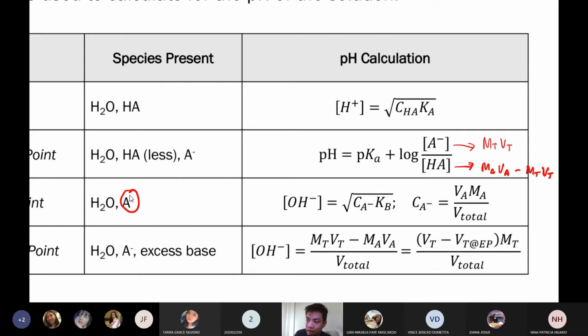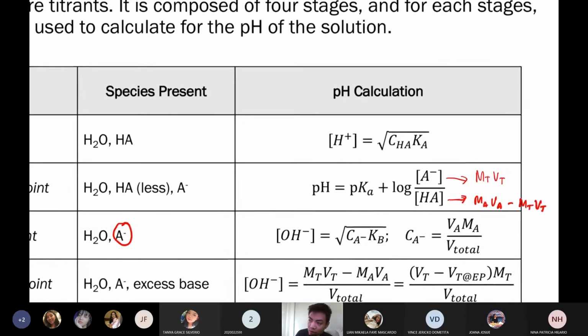So, ano ba yung equation na nangyayari pag nandito na tayo sa part na to? So, what happens on the equivalence point is that our conjugate base will react with the water, and that is in equilibrium, and makakagawa tayo ng HA plus OH. But again, yung HA virtually ubos yan. OH lang talaga yung matitira. And this equation is actually the reverse of the Ka equation.